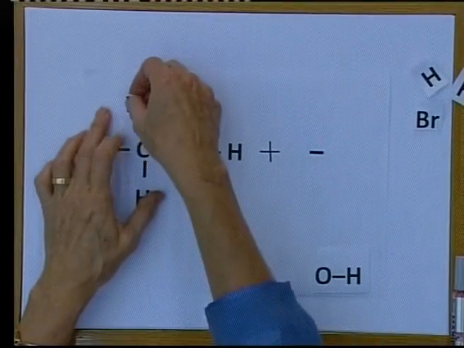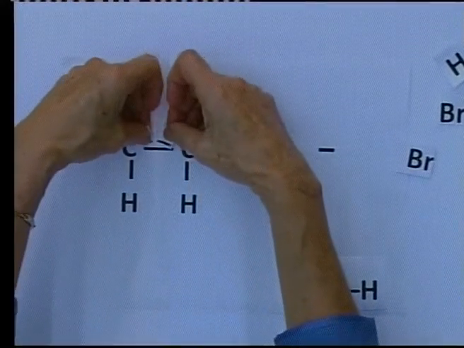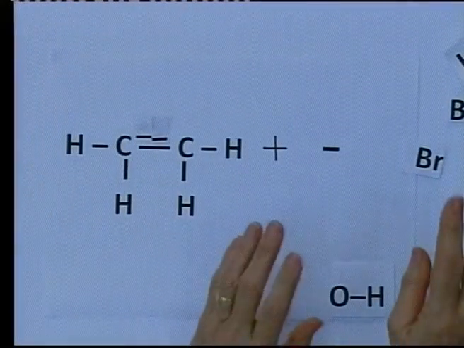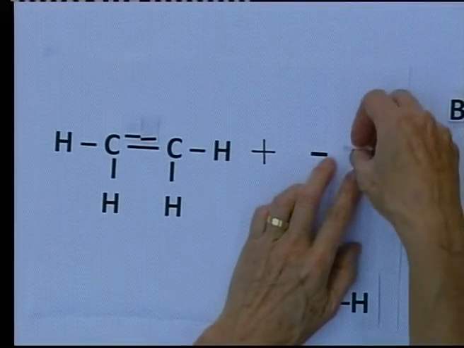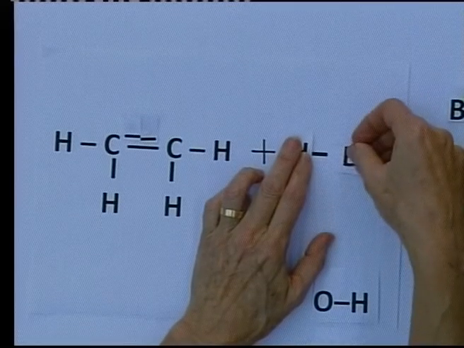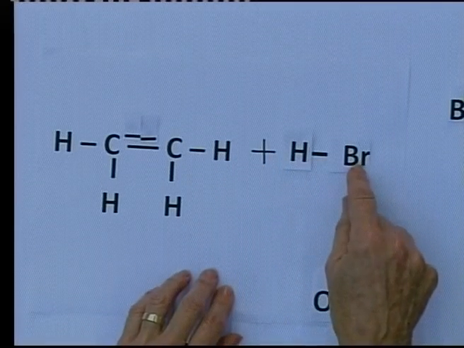Now, if we now go back to our addition reactions, what else can we have? All right, so we've got the double bond, and say now we take HBr, a hydrogen halogen.